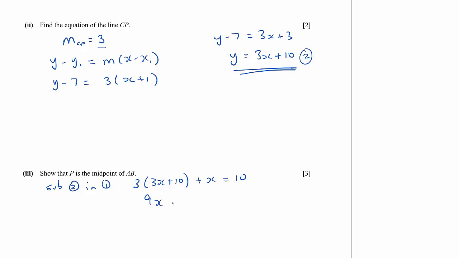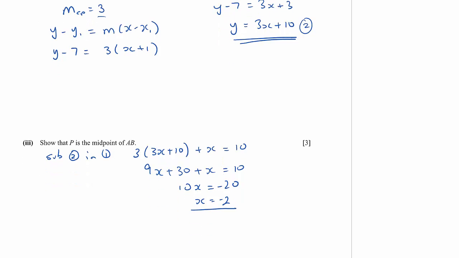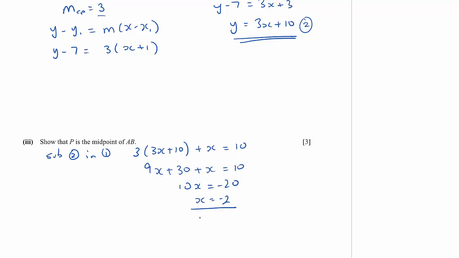So 9x plus 30 plus x equals 10, which will give me 10x is equal to -20, and so x is equal to -2. So if x is equal to -2, that means that y is 3 times -2, which is -6, plus 10 is 4. So we're saying that P is -2, 4.